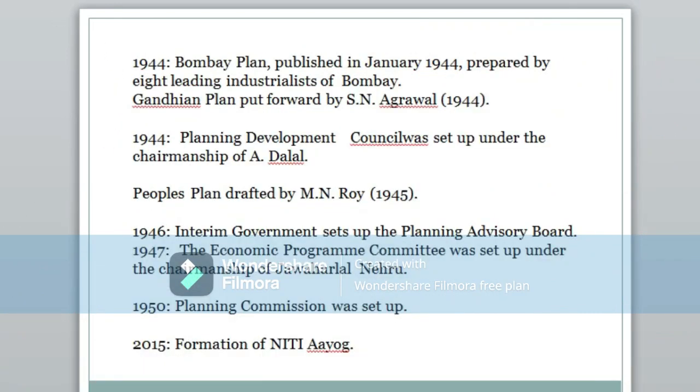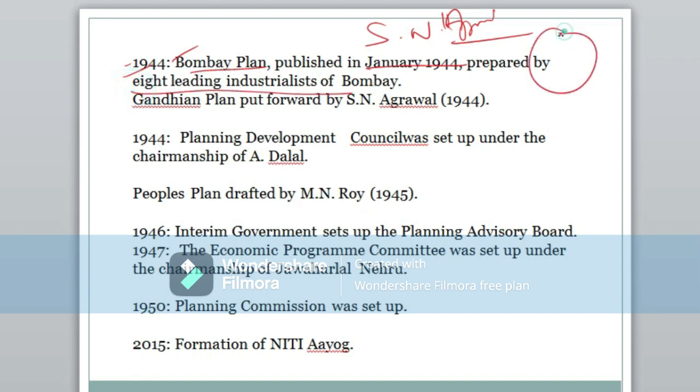Moving ahead, first in 1934-35 was the Visvesvaraya plan. In 1944, the Bombay Plan was made by some leaders, and S.N. Agrawal was the main person who put forth the Bombay Plan in 1944, leading to 8 industrialists in Bombay.